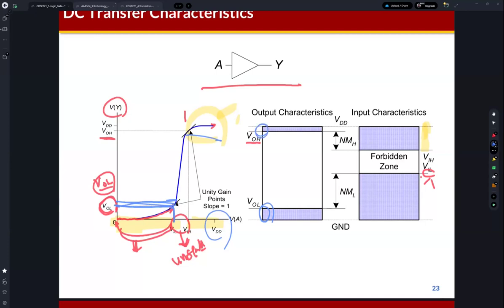So based on the input and output voltage behavior of this graph, we can define the output characteristics, the output voltage range of this circuit, and the input voltage range of this circuit. Okay, and then we can calculate the noise margin of this circuit.